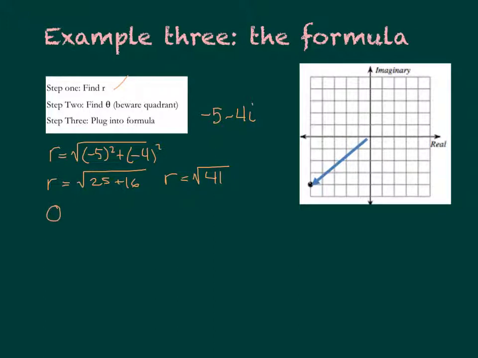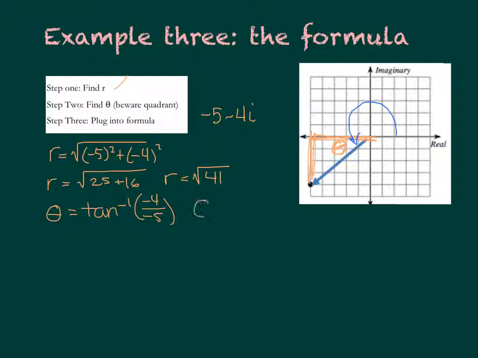Awesome. Now theta is just the inverse tan of -4 over -5. Now remember, this is the one time that drawing the triangle is really important. This is the theta we are finding. It's not the theta we're going to want eventually. Eventually, we're going to want this theta. So we're going to have to do some addition.